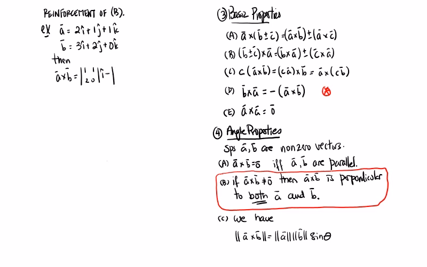For the j component, we have 2, 1, 3, 0. For the k component, we have 2, 1, 3, 2. So here we got 1 minus 2, which is negative 2i. 2 minus 0, minus 3 times 1 is negative 3, but that's a minus, so plus 3. And 2 times 2 minus 3 times 1, this is plus 1.